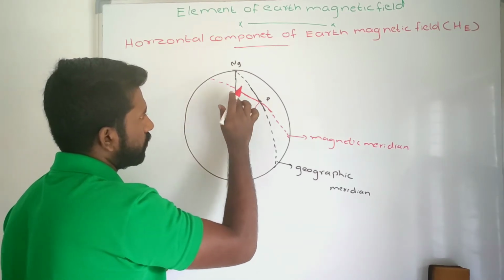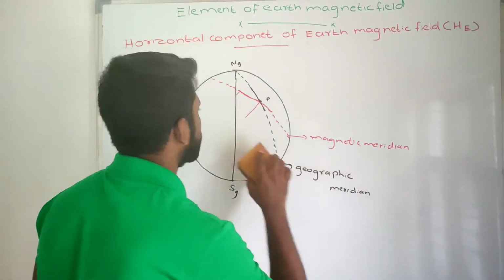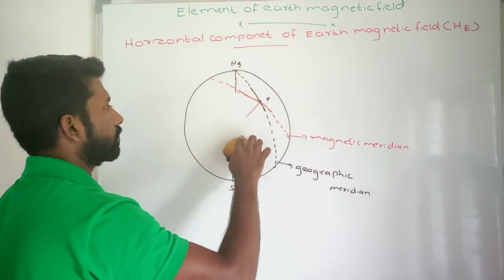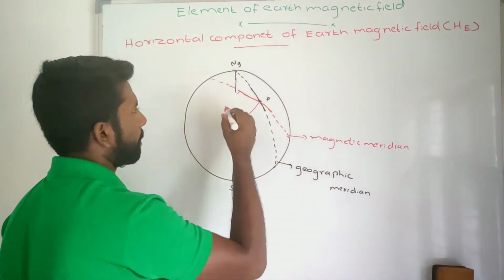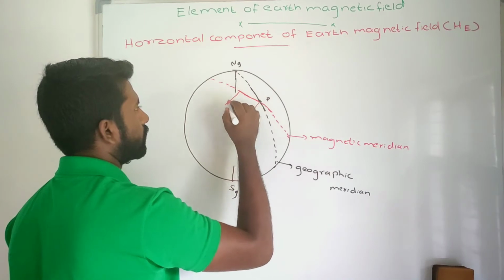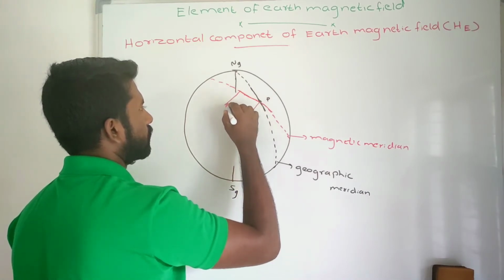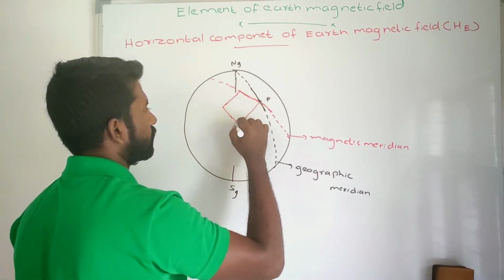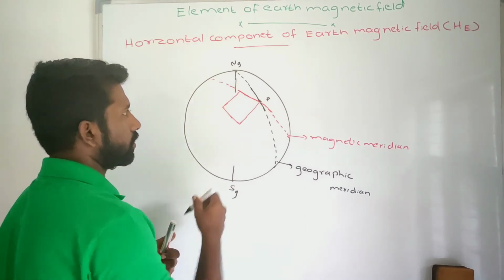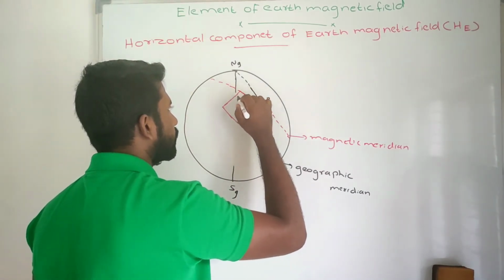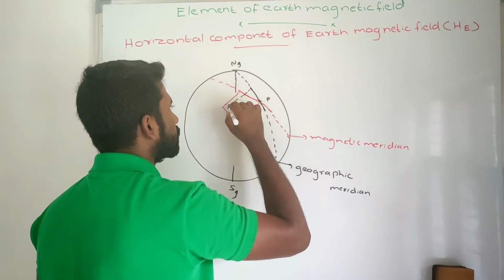This axis of rotation I am going to erase. Then I am going to consider another vertical plane here also. This is a vertical plane.